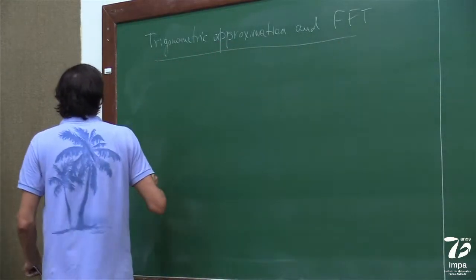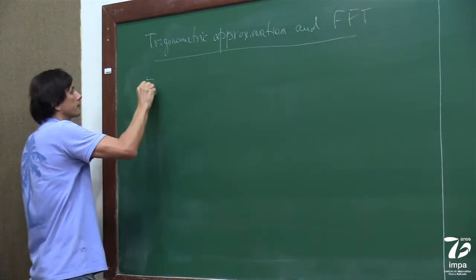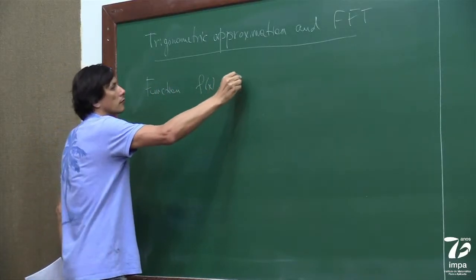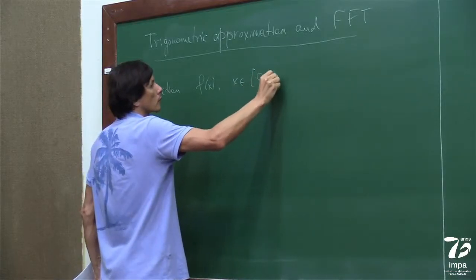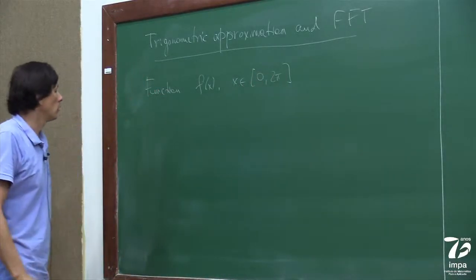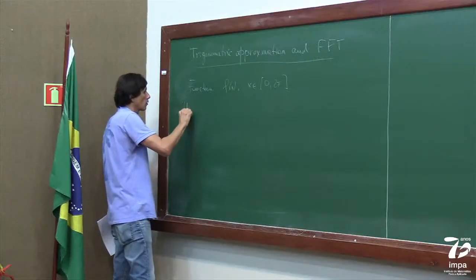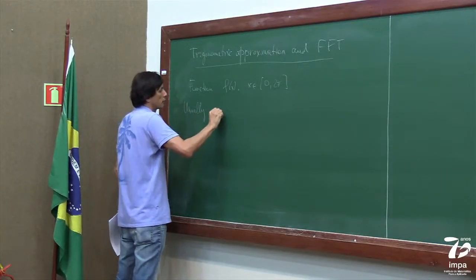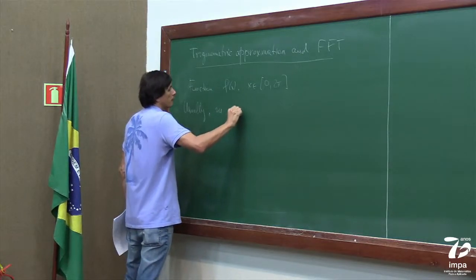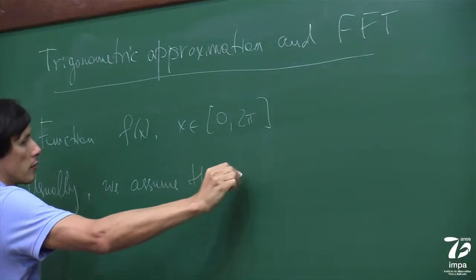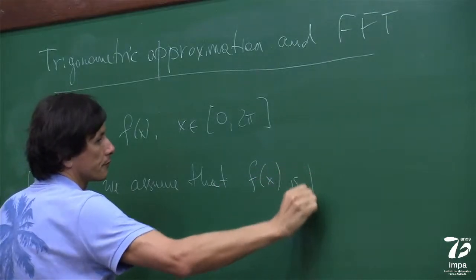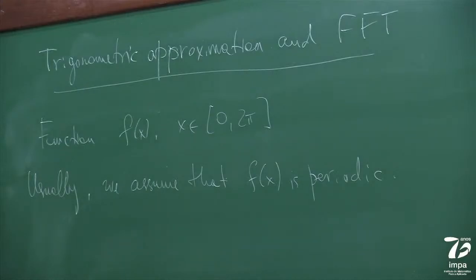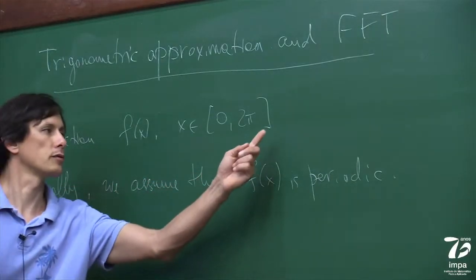It's about functions. So consider a function f of x on a finite interval. Usually we assume that f of x is periodic. Even if it's not periodic, what is done is that we just close the interval.